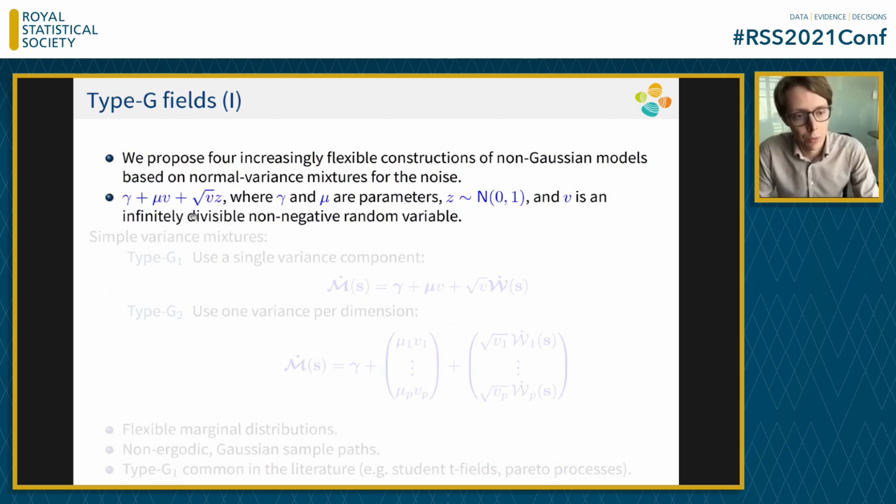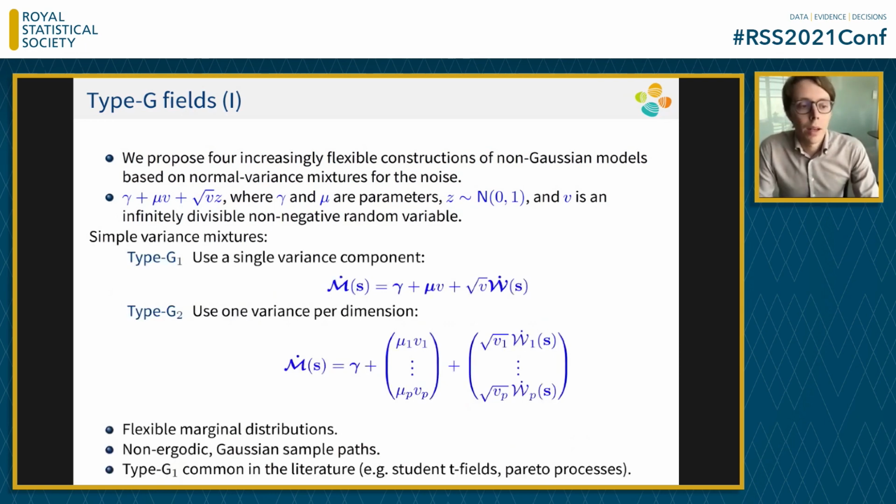So these are the types of normal variance mixtures that we want to use. The simplest way would be to take our Gaussian driving noise for the Gaussian model and then just scale it with one single stochastic variance parameter V, like this. This is what we call the type G1 models.